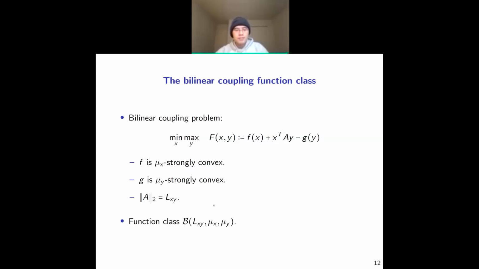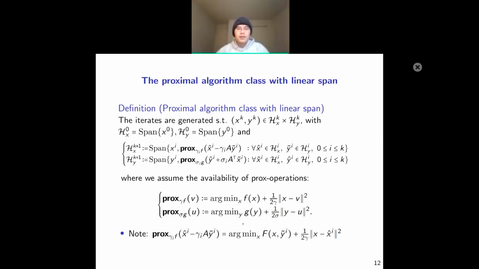In this case, we denote this function class as B of L xy, mu x, mu y. And unlike the previous cases where we use gradients, because f and g are completely separable terms, we assume we have access to their proximal operators that are defined here.